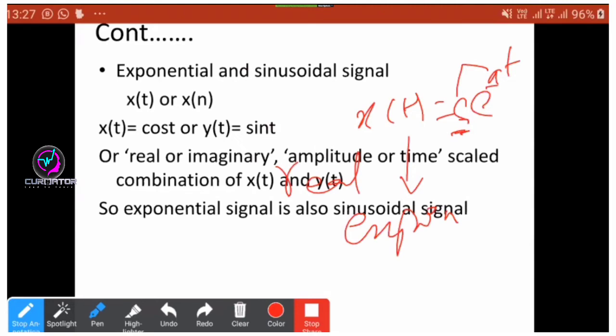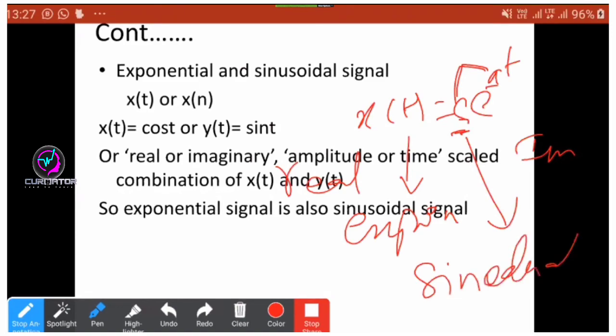If any one of these values c or a is imaginary, then this signal will be sinusoidal. Why? Because we already know e power at can be expressed as cos at plus j sin at if this a is imaginary.